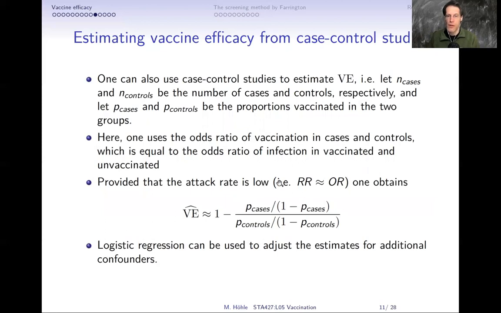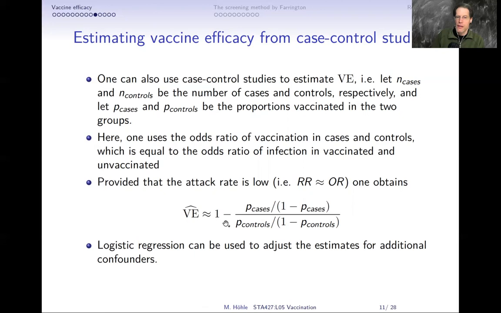And of course, if the attack rate altogether is low, which we hope is true for infectious diseases, we know that the relative risk and odds ratio are approximately the same. And then we can use our standard definition of the vaccine efficacy to get a case-control based estimate of vaccine efficacy.